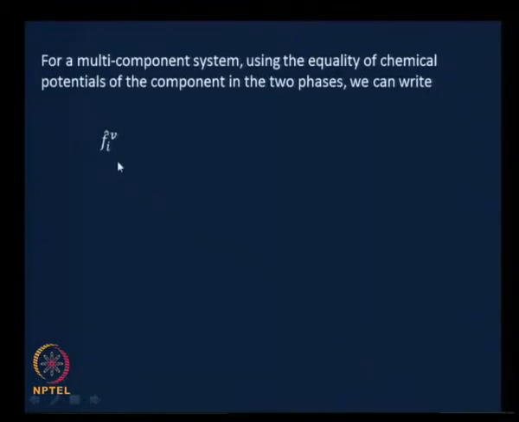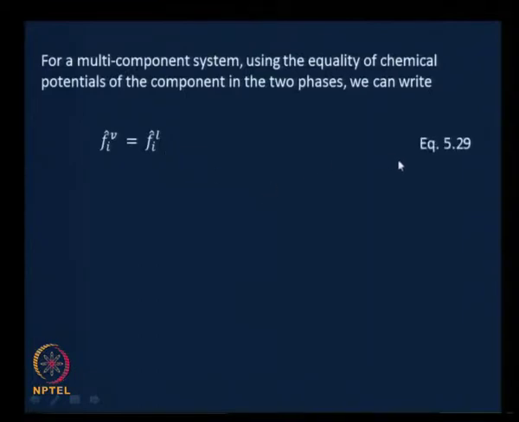From mu I V equals mu I L for a multi component system, that is the chemical potential of the species I in the vapor phase must equal the chemical potential of the species I in the liquid phase, and if we expand it as mu naught plus RT ln FIV hat, that is how we write the chemical potential related to fugacity in the case of a multi component system. Therefore FIV hat equals FIL hat is what follows from mu I V equals mu I L.